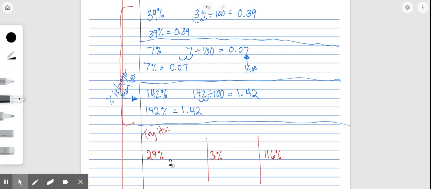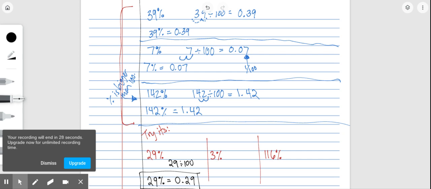Okay, hopefully you're back. We're going to do the same sort of thing. I'm going to take 29 and divide it by 100, which moves the decimal 2 spots. So this is going to be 29% is the same as 0.29 or 29/100ths. Cool. This should be your answer. 3%. I take 3 and divide it by 100.